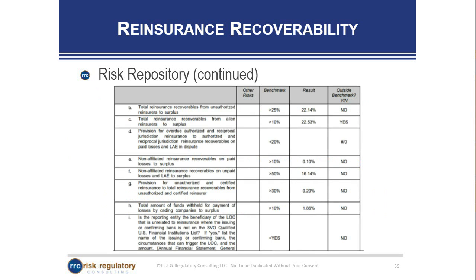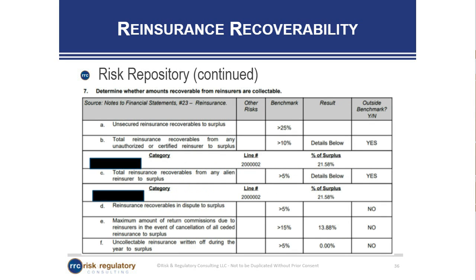That doesn't really assess the credit risk associated with that. In the next slide, you can see it highlights that affiliated alien reinsurer. But again, it doesn't really tell you much about credit risk.